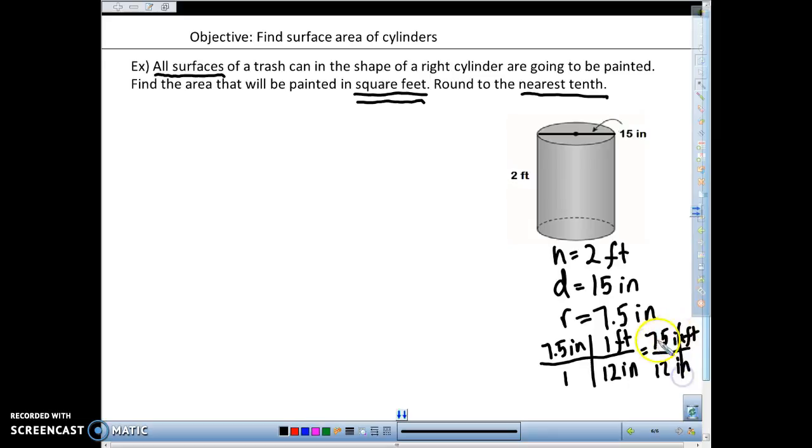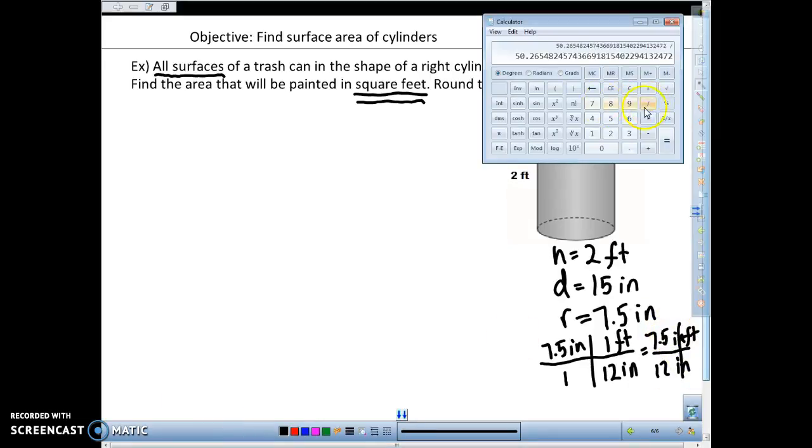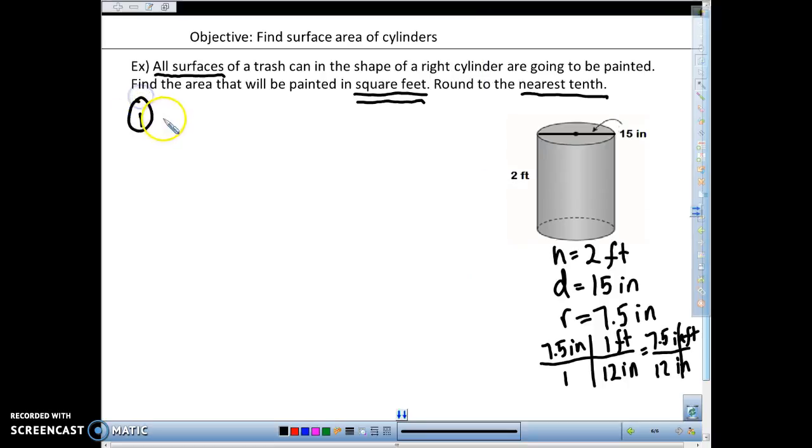So our inches cancel, and we can calculate 7.5 divided by 12, which gives us 0.625 feet. So thus, step 1, which is find our radius, is 0.625 feet.